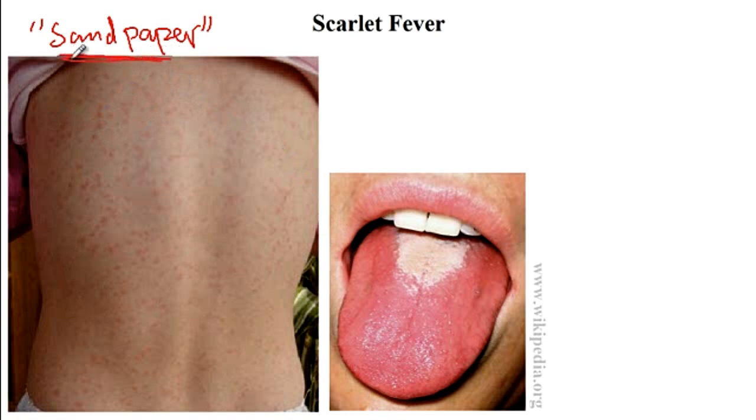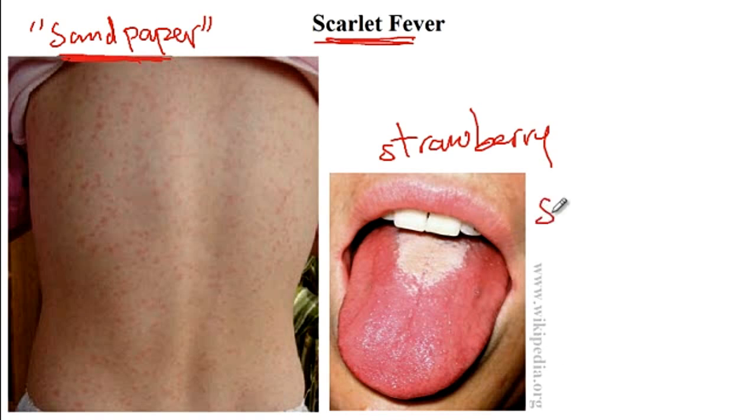So the sandpaper quality of the skin is a very important keyword for the diagnosis of scarlet fever. And then finally, other important characteristic features of scarlet fever include strawberry tongue, as well as sore throat and fever. And that concludes our discussion of the Streptococcus pyogenes infection.